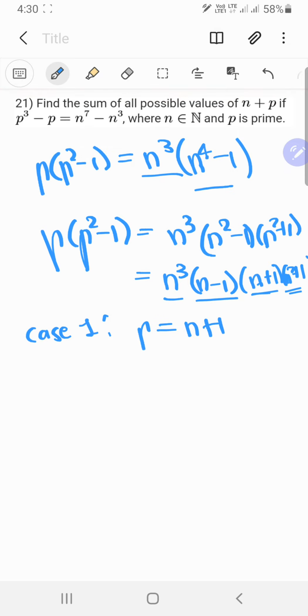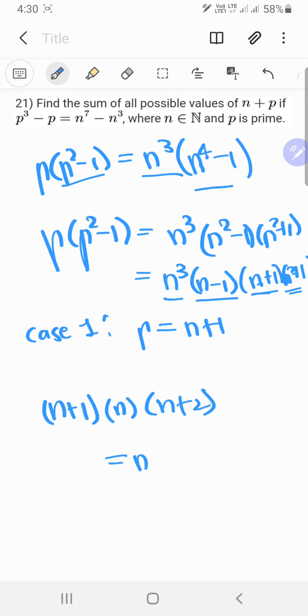Okay, so maybe we can just substitute p as n plus 1 into this equation, and let's see if something cancels and we get some nice solution. So you will have n plus 1, and this p squared minus 1 can be written as p minus 1 into p plus 1. So n plus 1 minus 1 is just n, and then n plus 1 plus 1 is n plus 2, which is equal to n cubed into n to the power 4 minus 1, which I'm going to write as n minus 1 into n plus 1 into n squared plus 1.